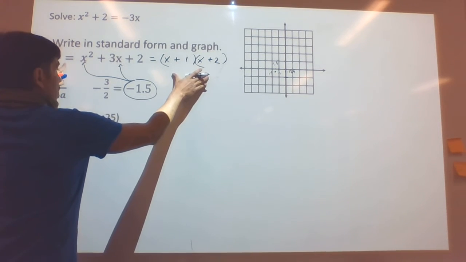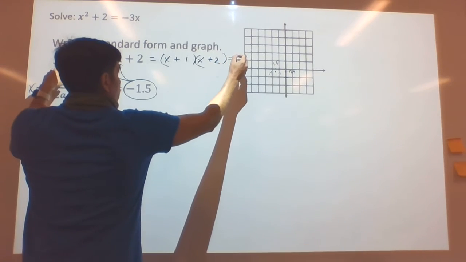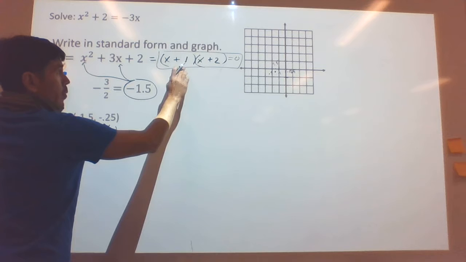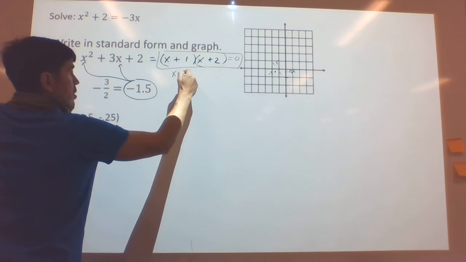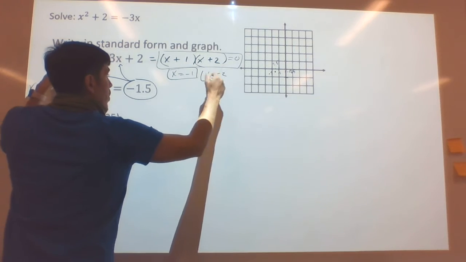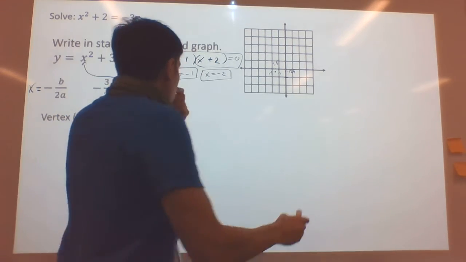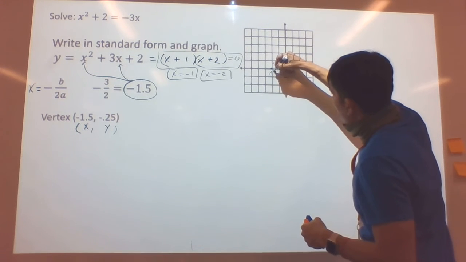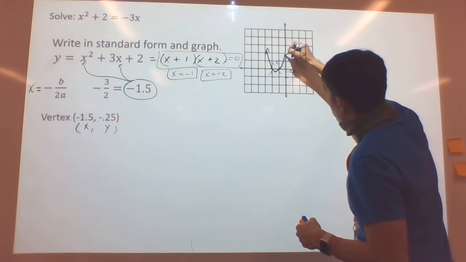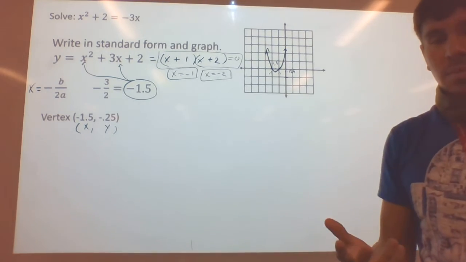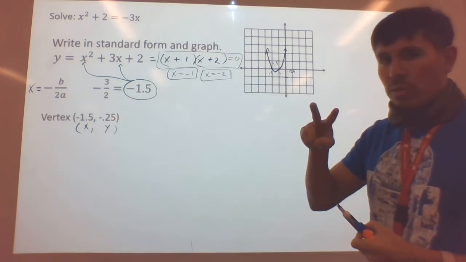Set it equal to 0. We use the zero property method, and we solve for each x value. So x equals negative 1, x equals negative 2. So guess what? Right here, negative 2, negative 1, which means my graph is going to open up and go up. We found the zeros. We found two solutions for this graph.